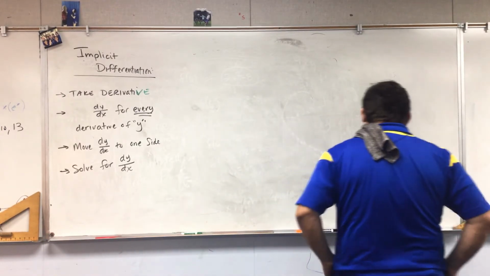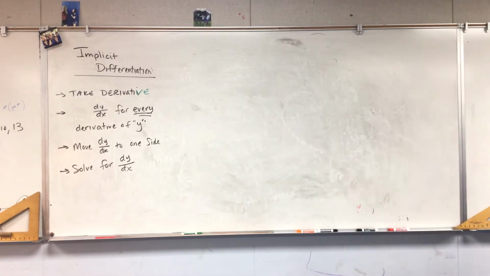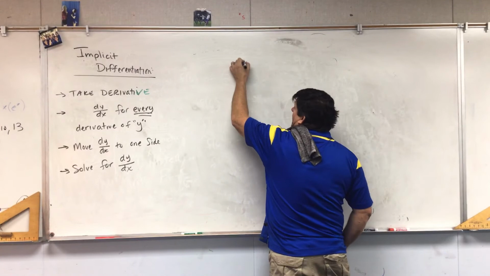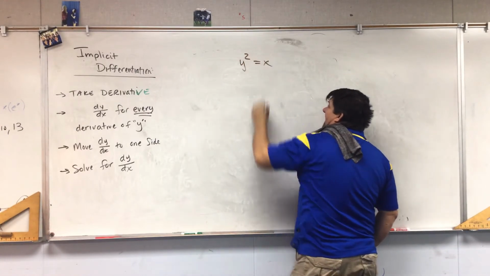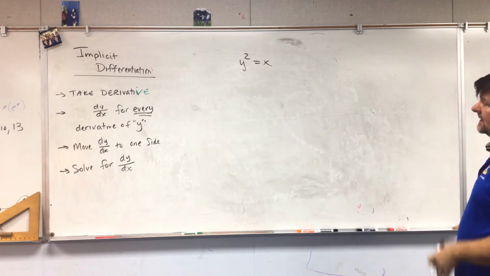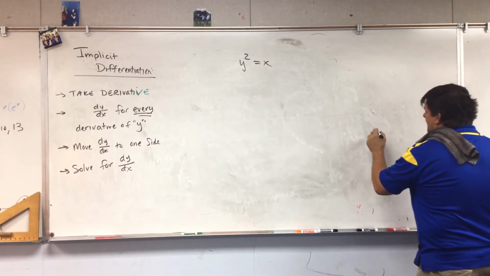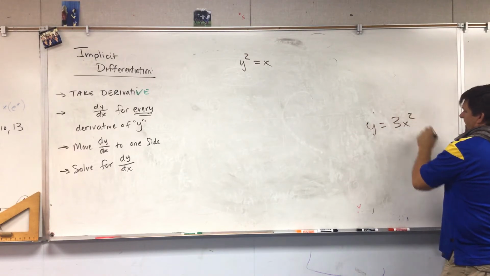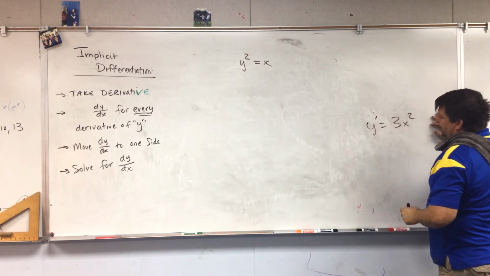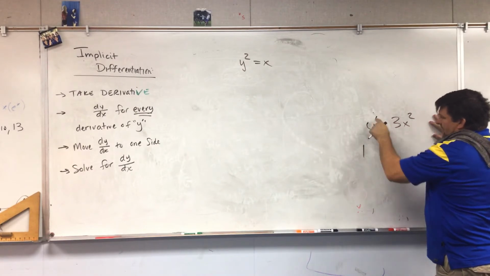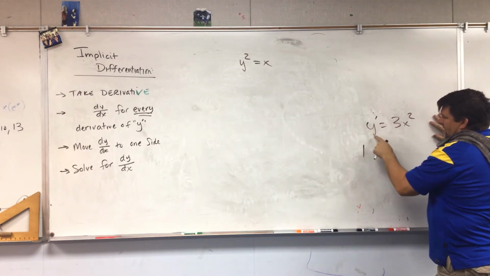All right, so let's take our first example here. Let's just take something like y squared equals x. So we can leave it just like that. Off to the side here, if I just said y equals 3x squared, this is y to the first, so the exponent is 1, and 1 minus 1 is 0.